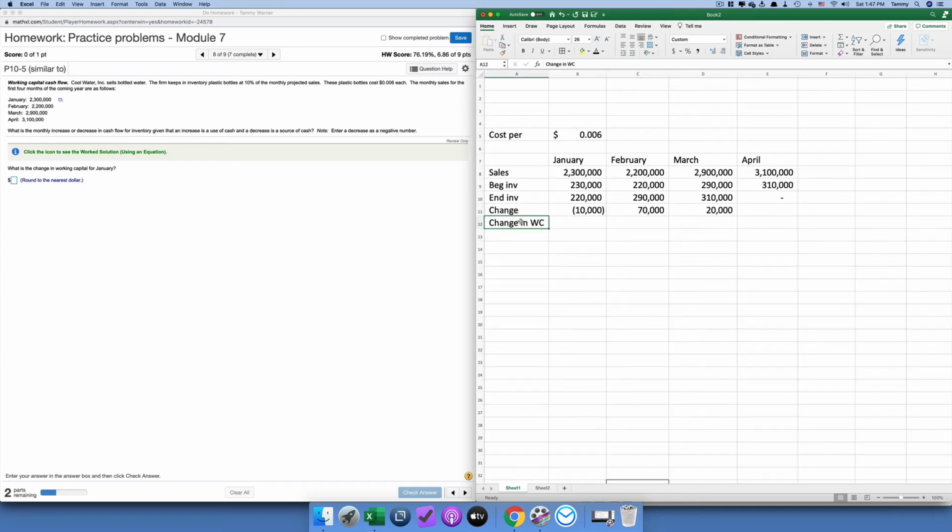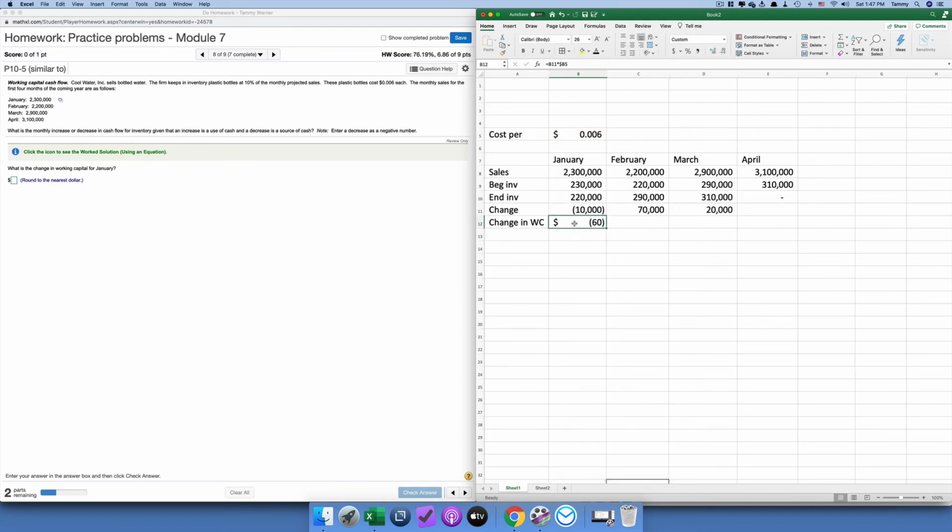And so then our change in working capital tied up in inventory: we've got 10,000 items less tied up in inventory. So our change in working capital is going to be negative 10,000 times 6/10 of a penny, and we'll make that an absolute cell reference for B there.